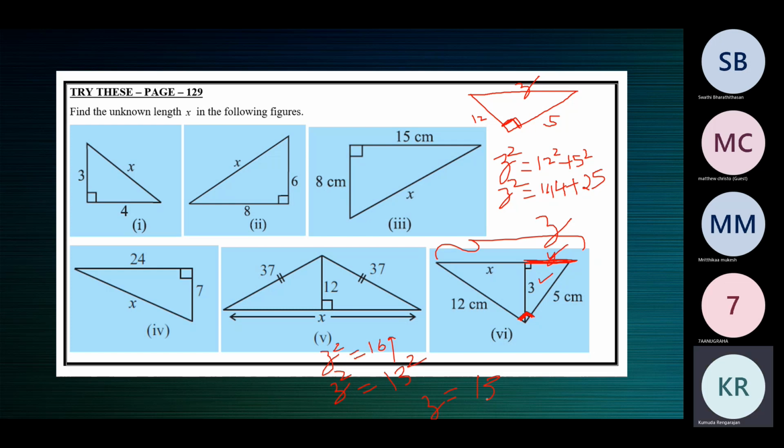So we found Z. Z is 13. 169 is 13 square. 13 into 13 is 169. So Z square is equal to 13 square. Z is equal to 13.